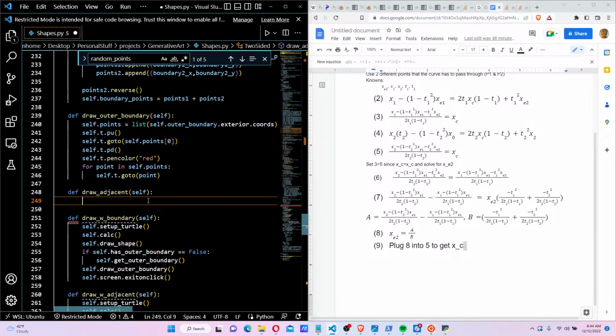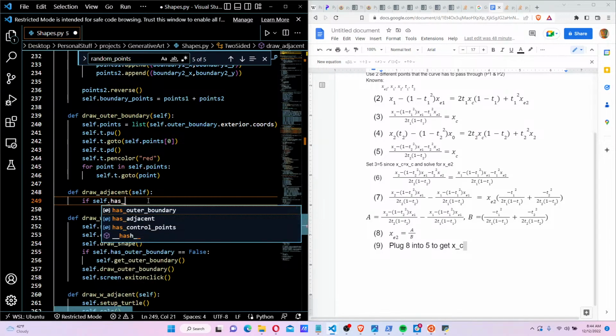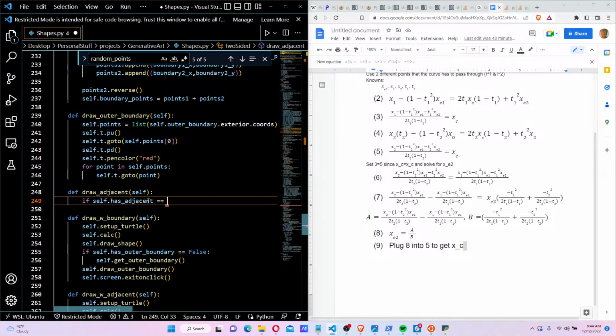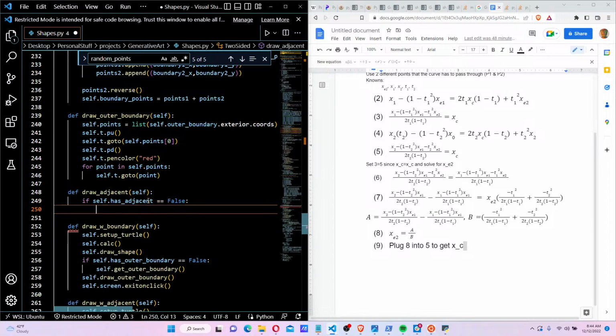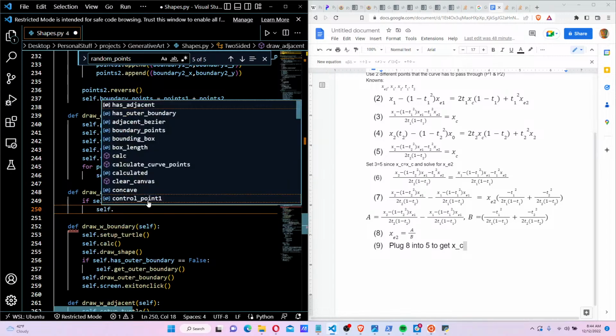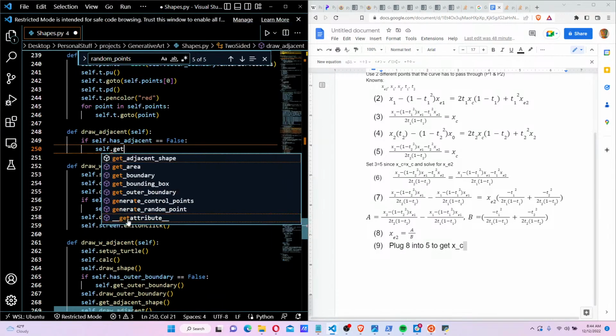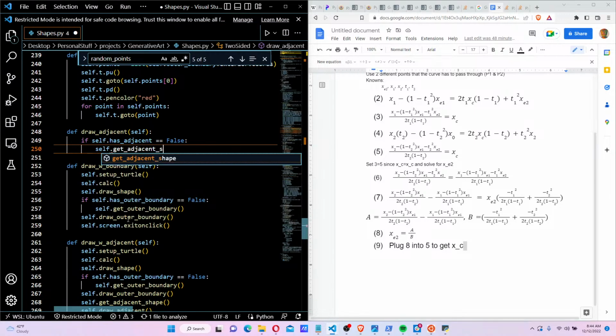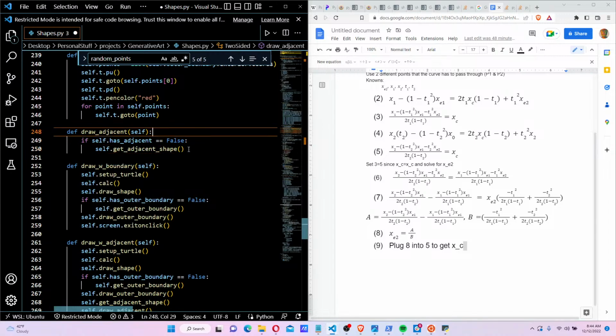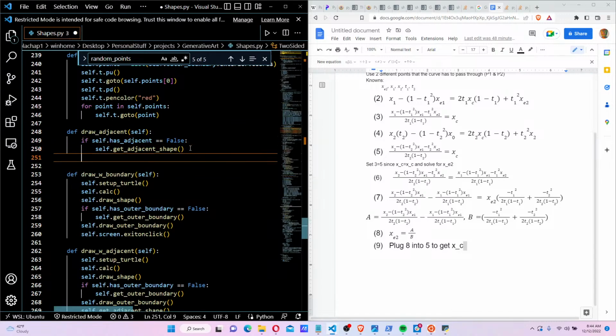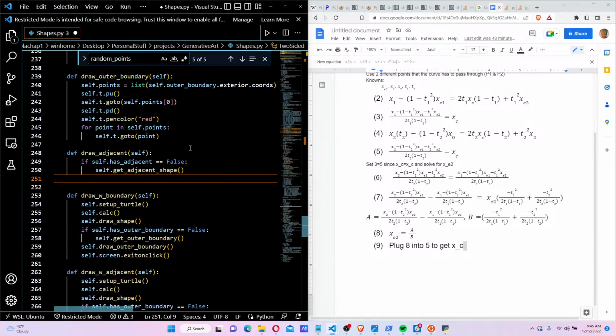Okay, so now I do if self.has adjacent is equal, so if we do not have the adjacent yet, self.get adjacent shape. So if there's no adjacent shape yet, get the adjacent shape, and then self.points.